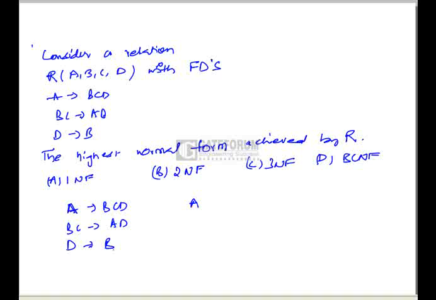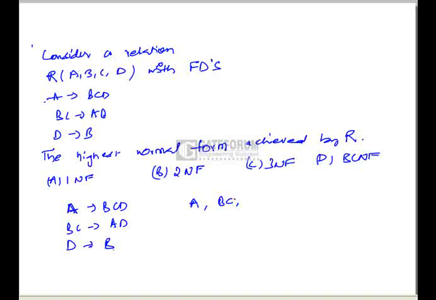So from this FD, A determines A, B, C, D. So here A determines all the attributes of the table. So we can say A is one of the keys, and BC is also one of the keys. Why? Because if we find closure of BC, we can get all the attributes. So here BC is also another key.